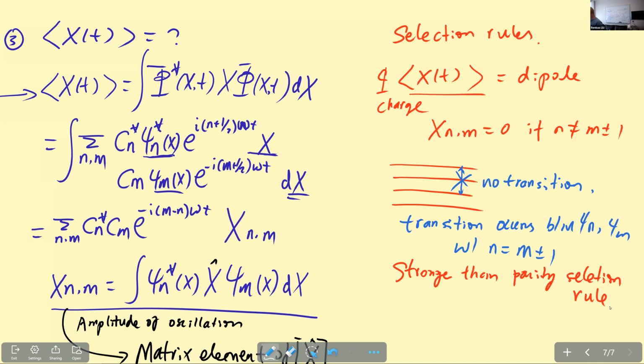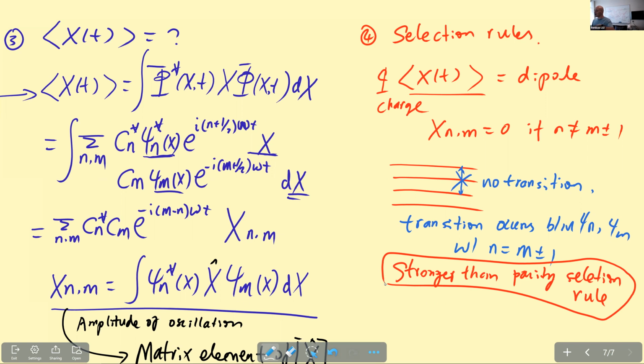In the parity selection rule, we know that if the two states have the same parity, there will be no dipole transition. But if you have a harmonic oscillator, it's actually stronger than this parity. That requires the quantum number to change only by 1, not only between odd and even parity states, but the change of the quantum number has to be only 1.